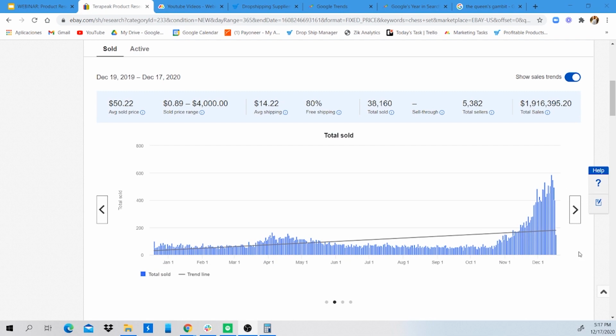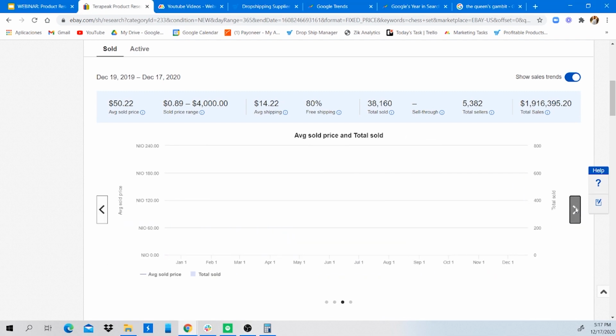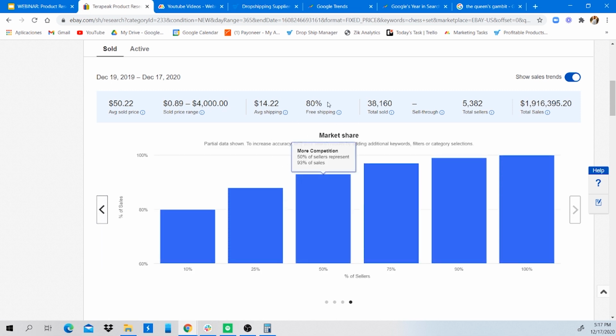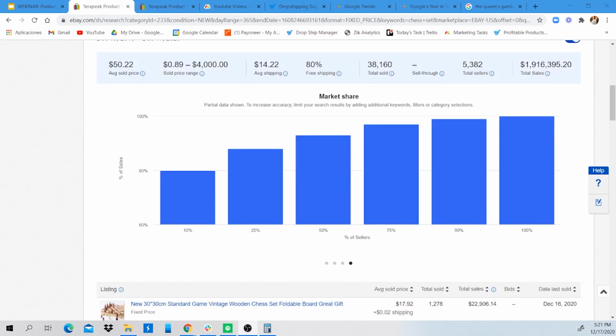Now, the other graph I want to show you, which is very relevant as well, is this one right here, where you can analyze the market share. The market share shows how well you could participate within this same niche, and how much potential you have as a beginner to make sales. In this market share graph, what you want to analyze is the top 10% of sellers.